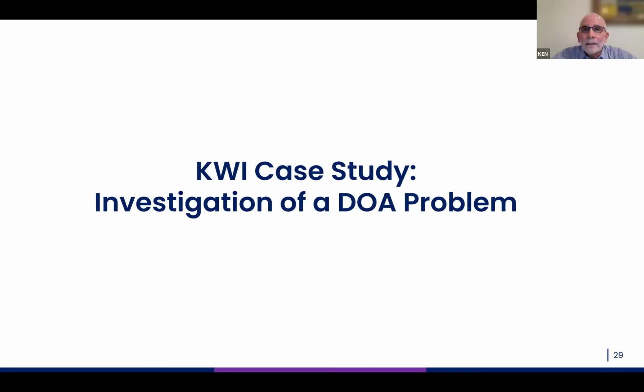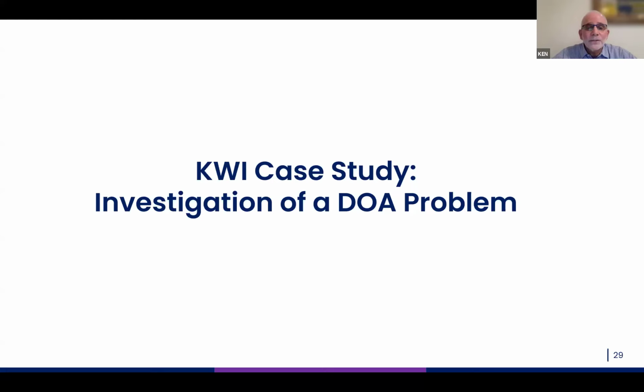And I thought it was maybe a good way to just show how key welfare indicator information can be used in a production setting, in an operational setting, and where I think it's important not only to bring the welfare aspects, but also the economic and performance aspects of KWIs, because when you're talking to operations folks about welfare, they don't always get the message unless you talk in a language that they're familiar with. And oftentimes that's the economics of the problem as well as the welfare of the problem, or the sustainability considerations of a problem.